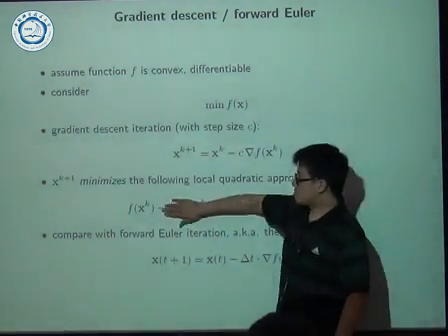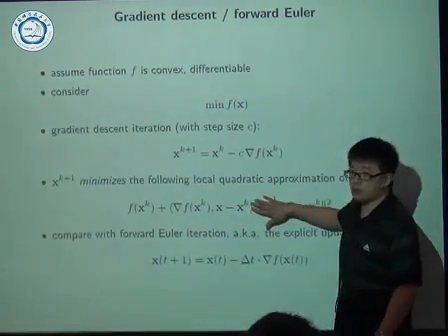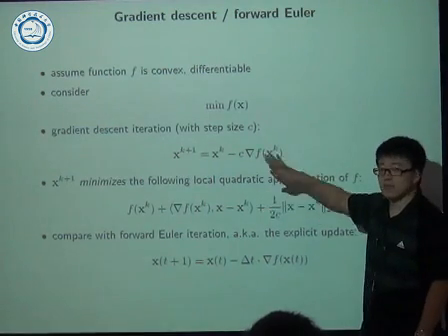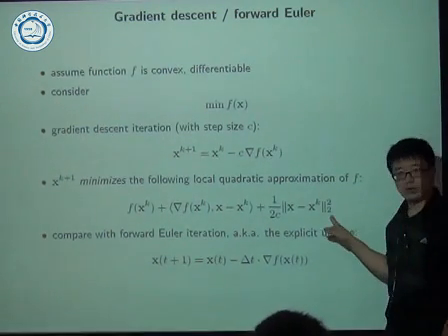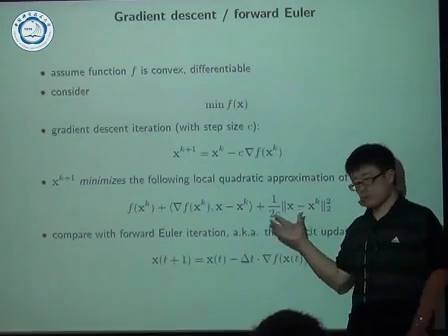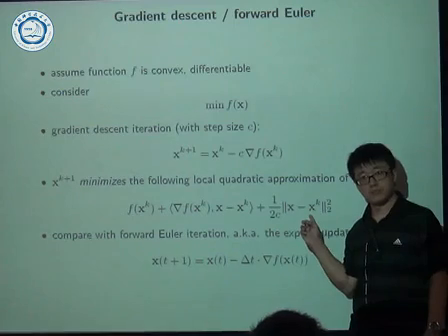If I just have this term, it's a constant function, nothing changes. If I have this term, this is the affine or linear function, a flat thing. Then I have this term, which keeps my next point close to the previous point, because I minimize.